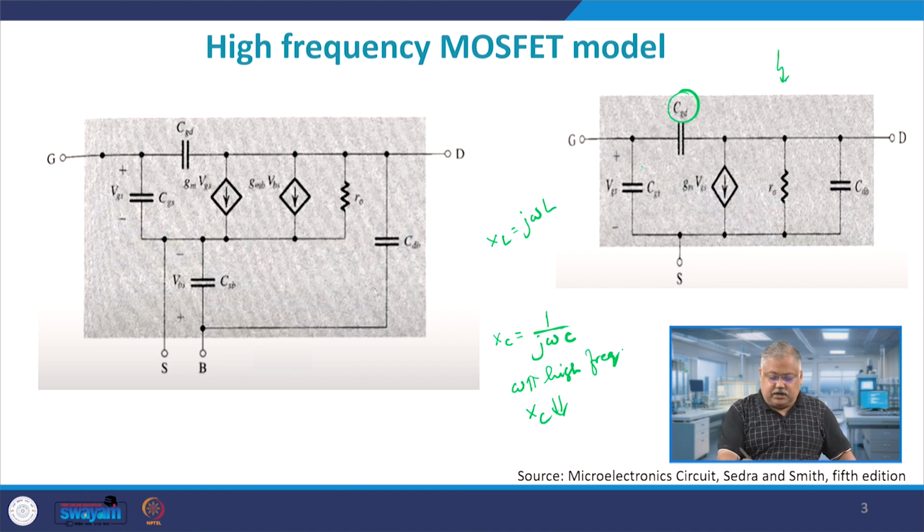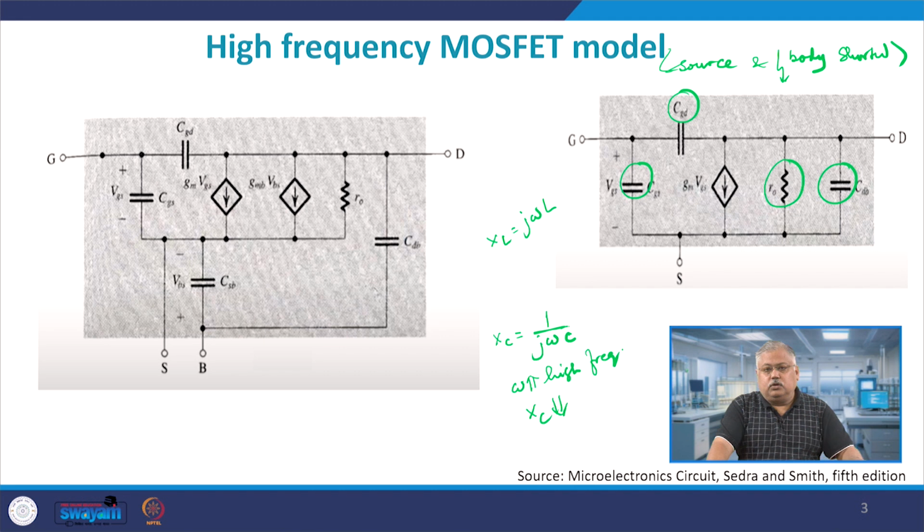So, CGD is here, CGS is here, we have R0 here and we have CDB here, drain to body. If source and body are shorted with respect to each other, then CDB gives you the same value as CDS, because source and bulk are grounded, and that is the reason I replaced this by CDB here.